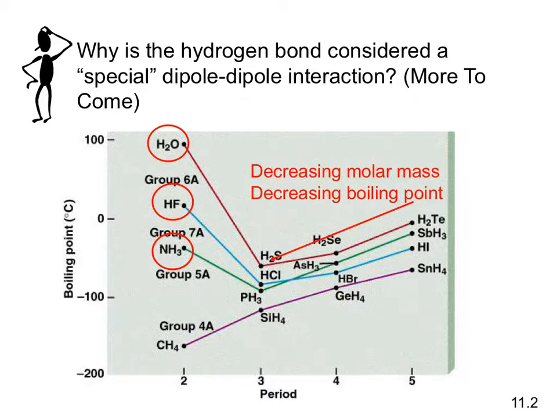So those bonds are holding them very, very strongly. Even though something like HCl or H2S, those are both polar, they just don't have that super special hydrogen attraction. They're just not quite as strong.